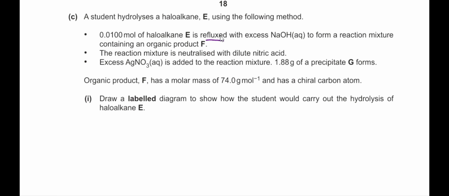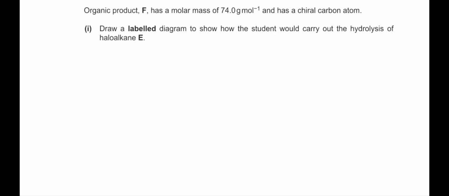Question 1. Draw a labeled diagram to show how the student would carry out the hydrolysis of haloalkane E. Refluxed means the mixture is heated and there also should be a condenser at the top. So let us draw a round bottomed flask with a bung or a stopper and a condenser arrangement.